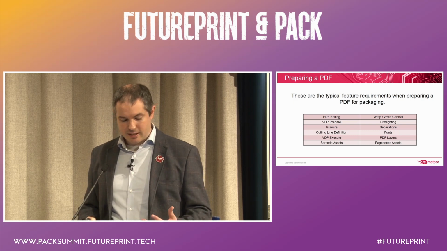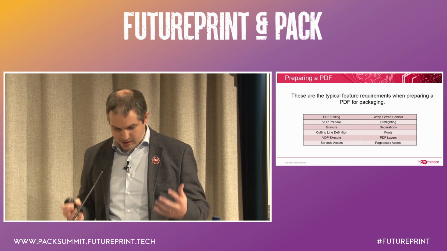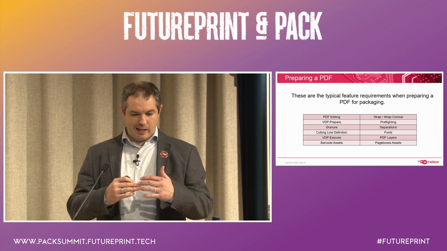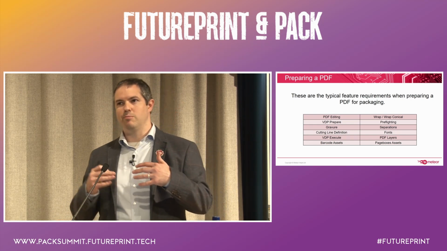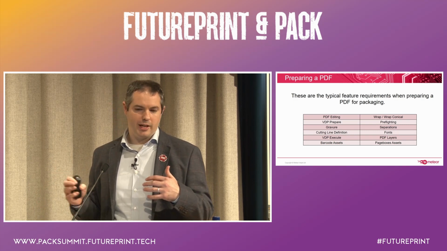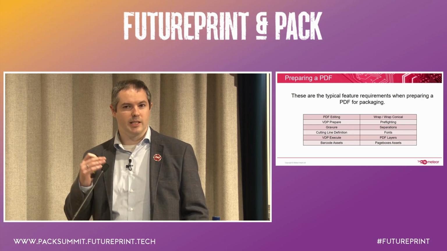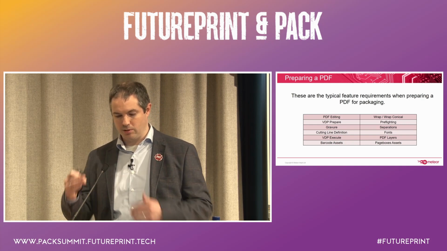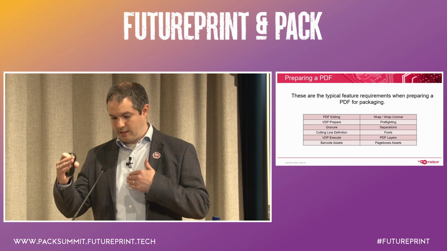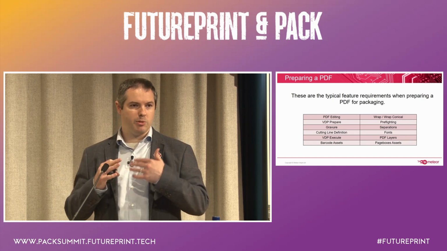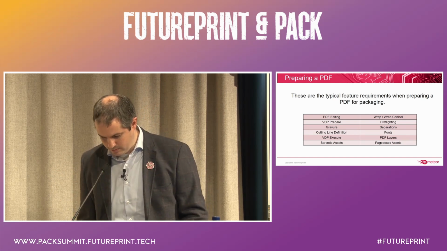Then we've got VDP execute. So this is where you're taking a design such as a label and doing it multiple times and picking up a CSV file or an XML file to produce those barcodes and labels and different types of data across all those labels on a sheet, and actually being able to manage that sheet and the positioning of each of those labels.